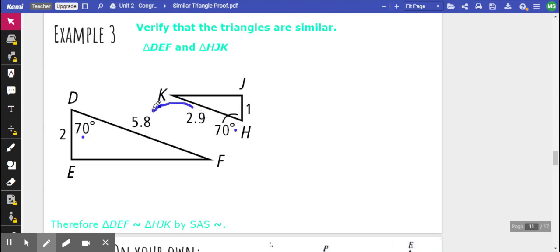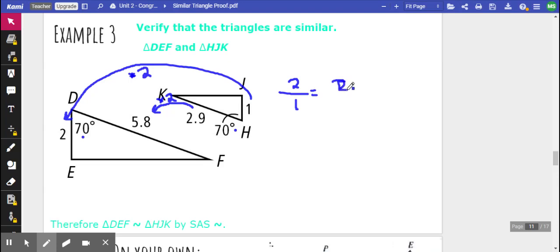So that's another way, without setting up a proportion, we can see that these are both times 2 for our scale factor. And that means if they have the same scale factor, that's another way of saying that they are in proportion to each other than making and showing 2 over 1 is equal to 5.8 divided by 2.9.